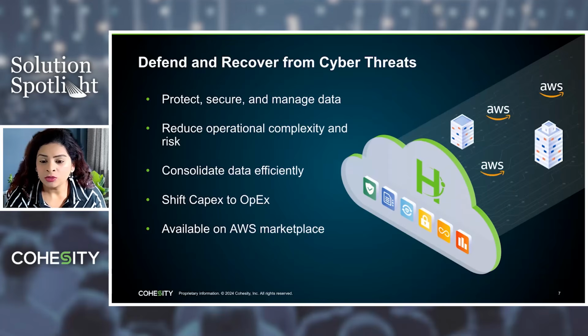We are able to consolidate and eliminate a lot of unnecessary point solutions for different backup sources, on-prem, cloud, etc., and consolidate all of them on a single data cloud platform provided by Cohesity, which helps you use a single UI to manage all of your data across various data sources, whether it's on-premises, cloud, or the edge.